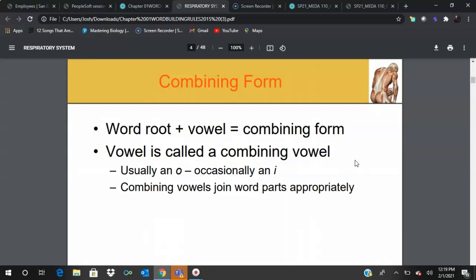By itself, the word root is just that word element, but when you add a vowel to it, it becomes a combining form. Now that vowel that we use to combine word elements together is usually an O. The overwhelming majority of the time it's an O, but every once in a while there are a couple of exceptions and you'll actually see an I. And those combining vowels allow the word to be joined together grammatically correct.